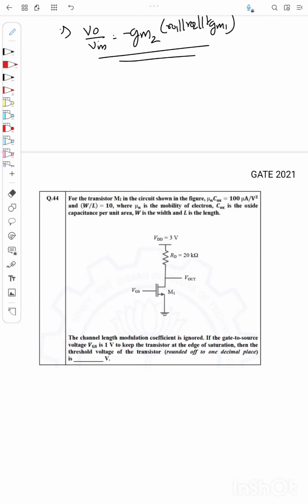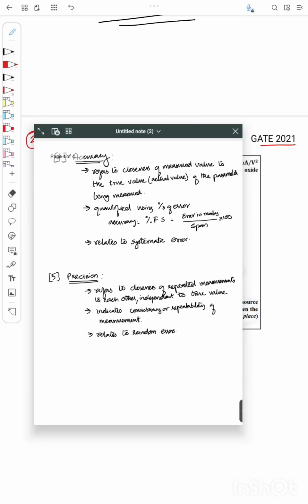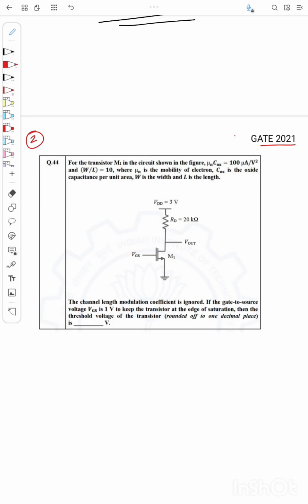So let us go to the next question, again from GATE 2021. The question is, for the transistor M1 in the circuit shown in the figure, mu n COX equals 100 microampere per volt square and W by L equals 10, where mu n is the mobility of the electron, COX the oxide capacitance per unit area, W is the width and L is the length.